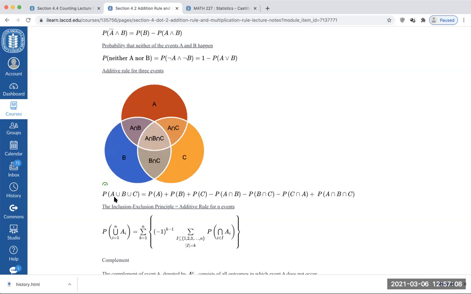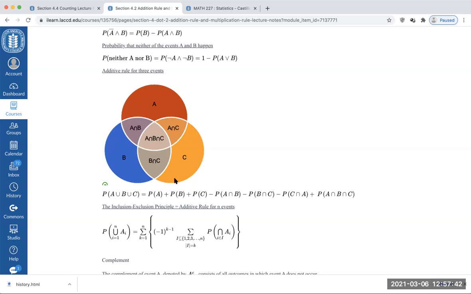Okay, so the probability of A union B union C is the probability of A plus the probability of B plus the probability of C, but you've got a lot of overlap, right? I had this overlap, and this overlap, and this overlap.